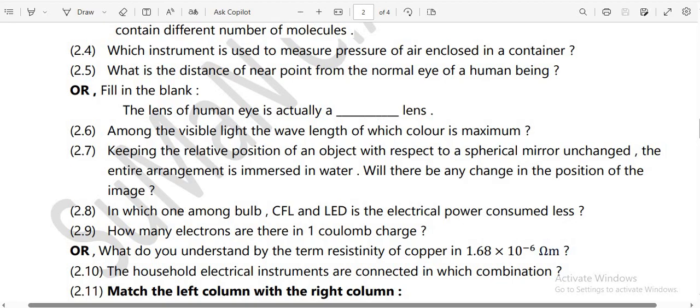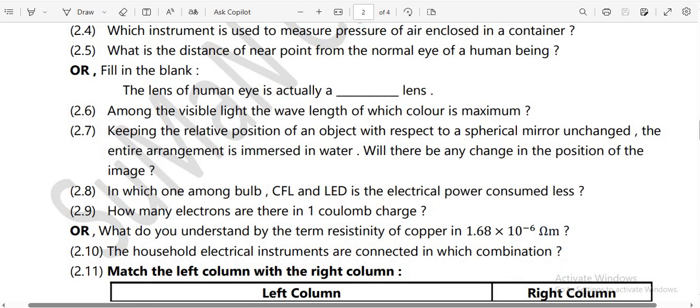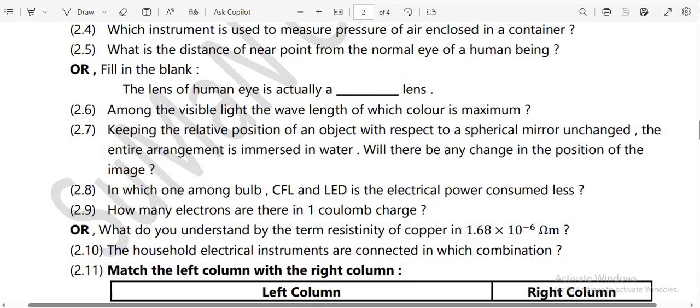2.8 In which one among bulb, CFL and LED is the electrical power consumed less? 2.9 How many electrons are there in 1 coulomb charge?